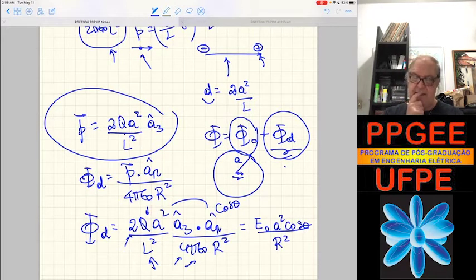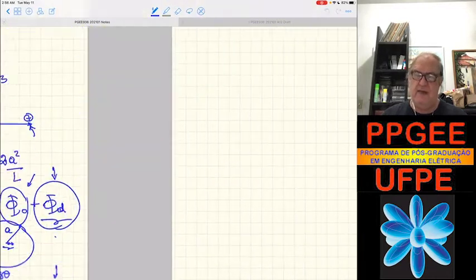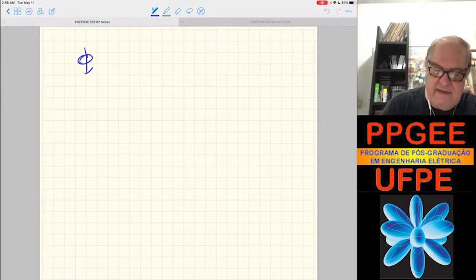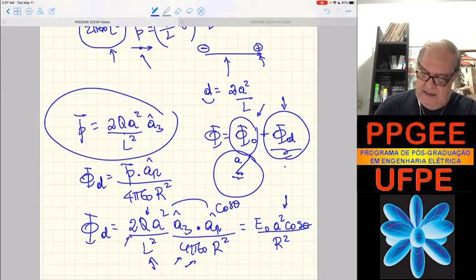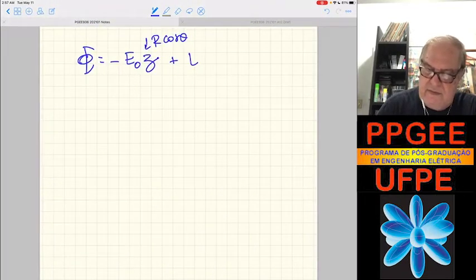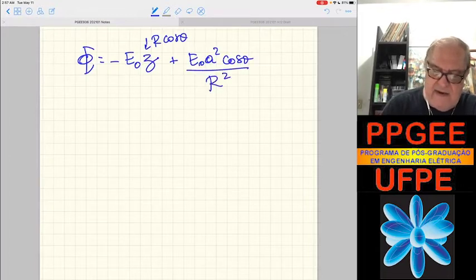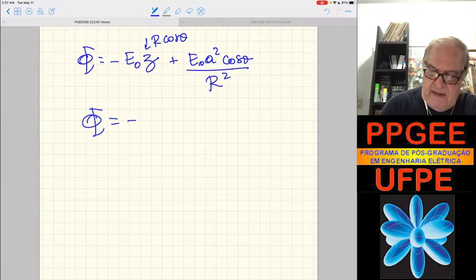That's the additional potential due to the sphere. Otherwise, we have just this solution here. So the potential is minus E0 z, which equals r cosine theta, plus the dipole field, which is E0 a squared cosine theta divided by r squared.